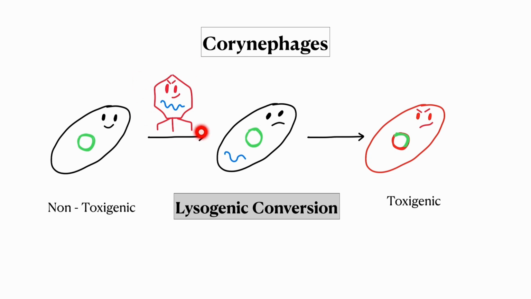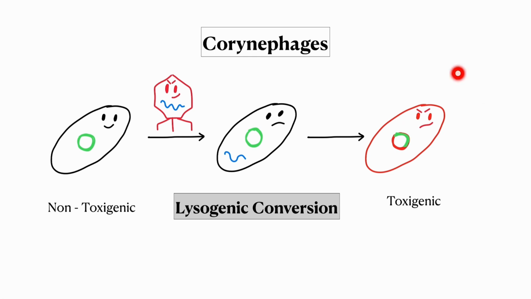This bacteriophage then injects this genetic material into the non-toxigenic strain, and once this genetic material gets included into the normal genetic material of the bacteria, it converts the non-toxigenic bacteria into toxigenic bacteria, and this conversion is known as lysogenic conversion.